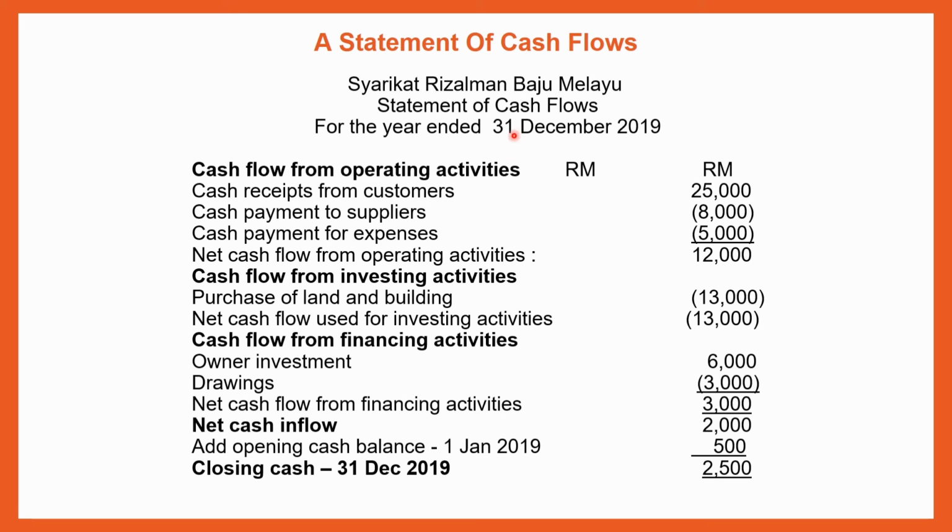And this is the format for cash flow: the name of the company, the statement, and the accounting period. You can see cash flow from operating activities, cash flow from investing activities, cash flow from financing activities, and net cash flow, and the last, closing cash at 31st December 2019. So this is the format of cash flow statement.